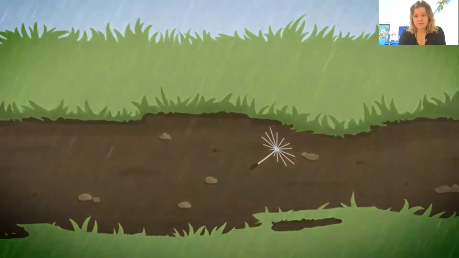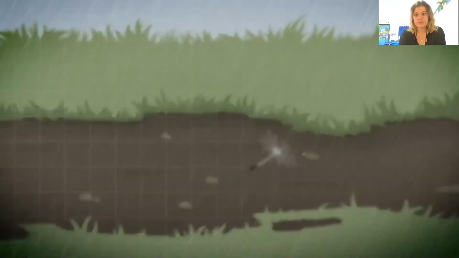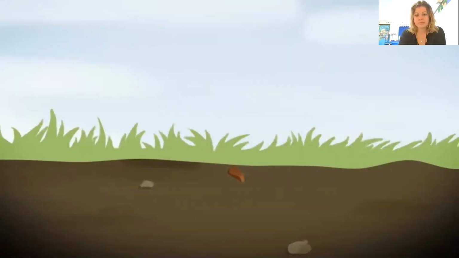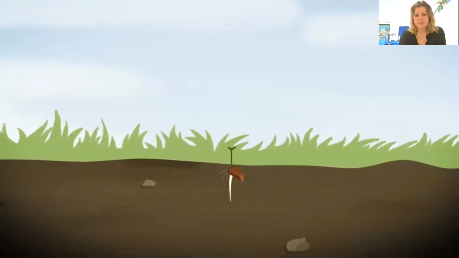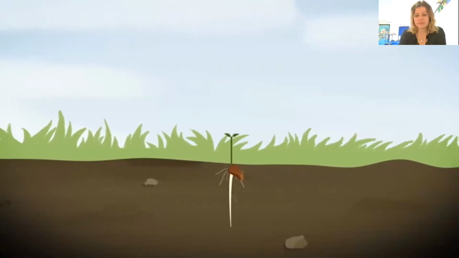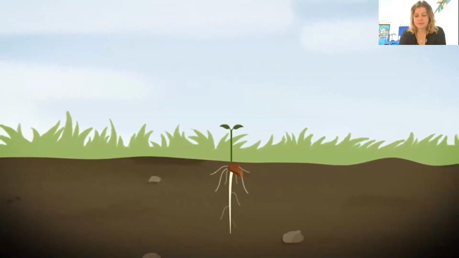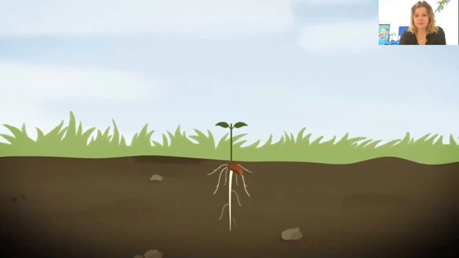Seeds need water in order to start growing. This is called germination. Germ-in-ation. When a seed germinates, it will start growing roots and shoots. Its roots will grow deeper in the ground to find more water, while shoots will grow upwards to find light.